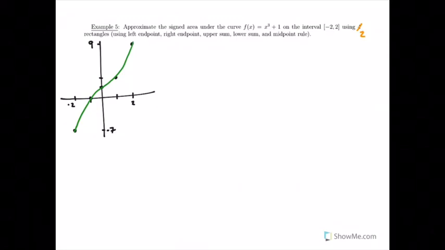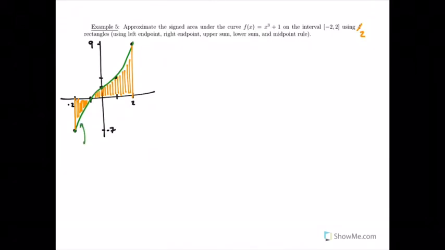Now we're talking about the area under the curve. It's easy to see for the positive part, we're going to have this area. But for the negative part, we're talking about the area from the function to the x-axis.